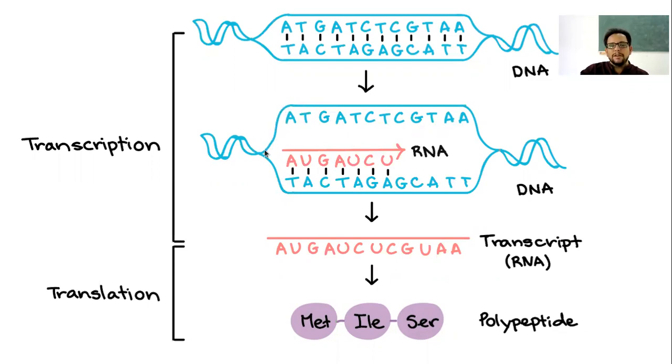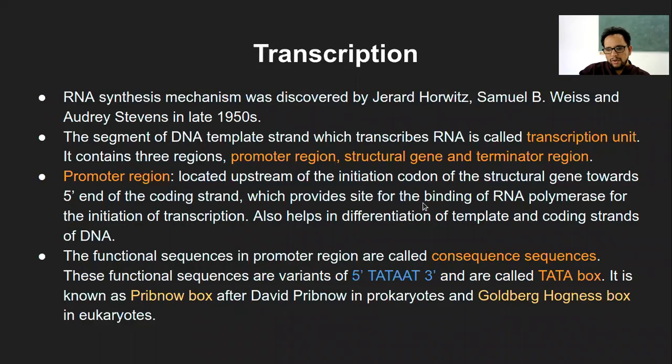These base pairs which are 5' to 3' will be complementary to this particular strand. So RNA polymerase will always bind to the 3' to 5' end of the DNA strand. That is the differentiation of the template and coding strands of DNA.